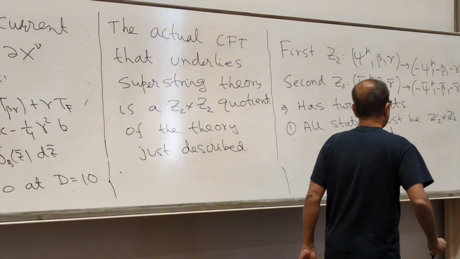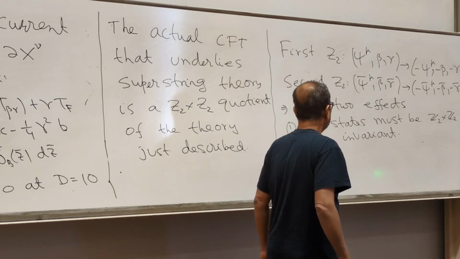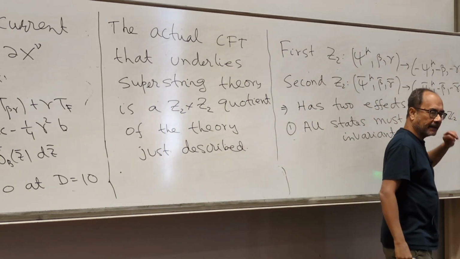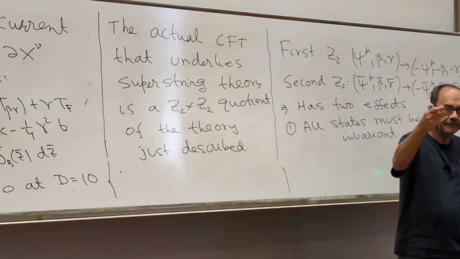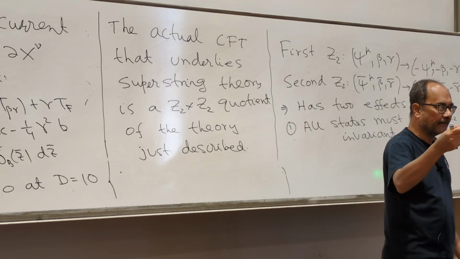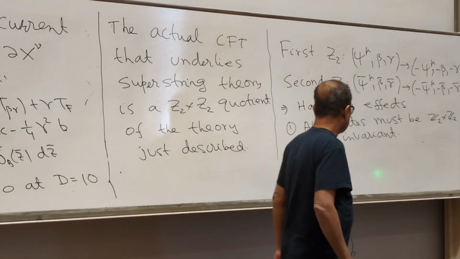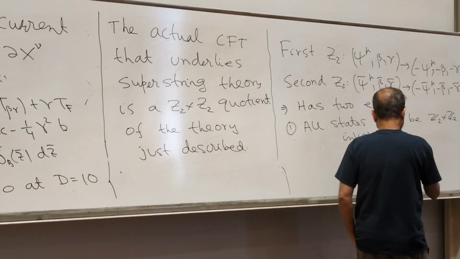Which means the wave function of the string should have the same value at psi, beta, gamma and minus psi, minus beta, minus gamma, because these two points are supposed to be the same. So the wave function of the string better have the same value. This is called the GSO projection.